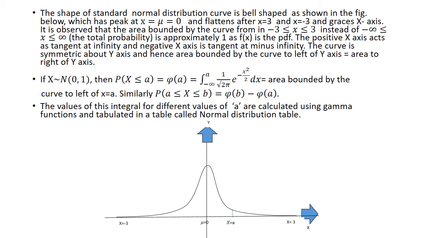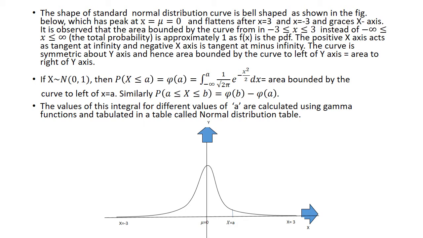The shape of standard normal distribution curve is bell shaped as shown in the figure below, which has a peak at x equal to mu equal to 0 and flattens after x equal to 3 and x equal to minus 3 and grazes the x-axis. It is observed that the area bounded by the curve from minus 3 to plus 3, instead of minus infinity to plus infinity, the total probability is approximately 1 as f of x is the PDF.